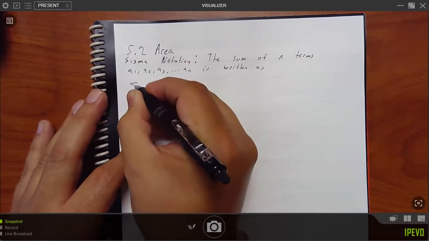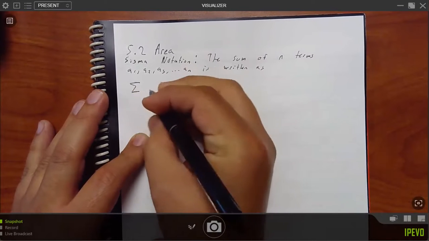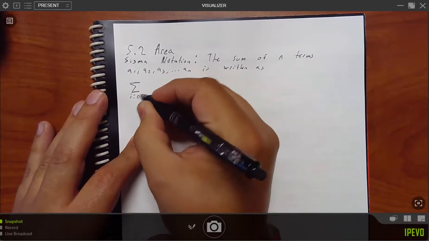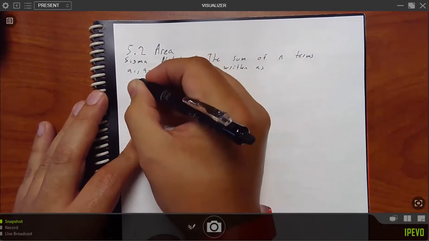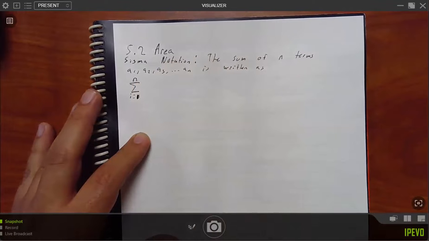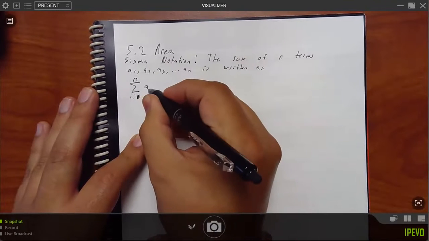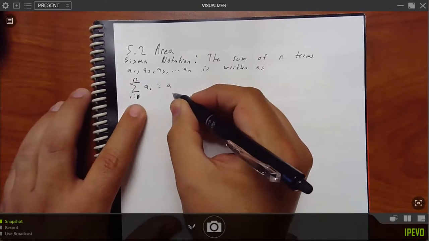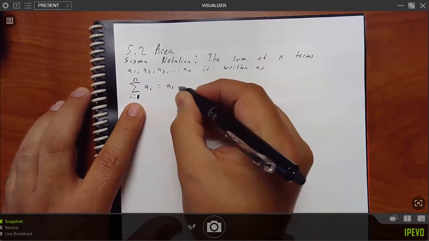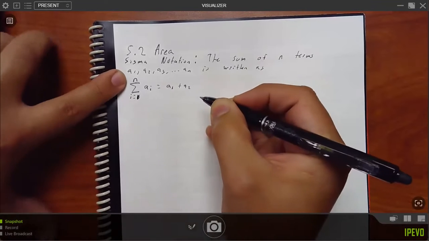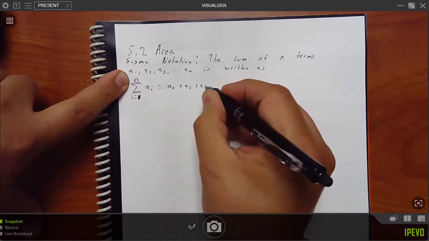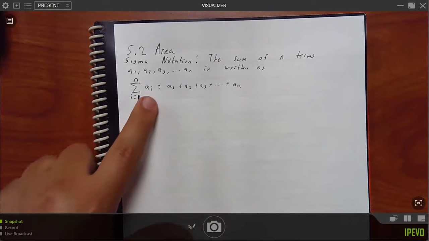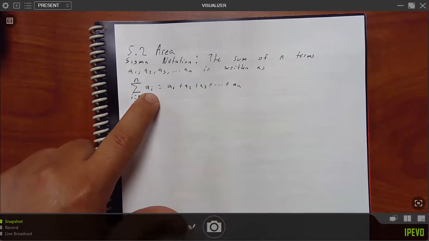This capital sigma, where i equals, well, actually, let's say 1, until n, A sub i. If you see this notation, that means you start at the index down here, 1, and then count all the way until whatever's up here, n. That'll be your sum of this A sub i.